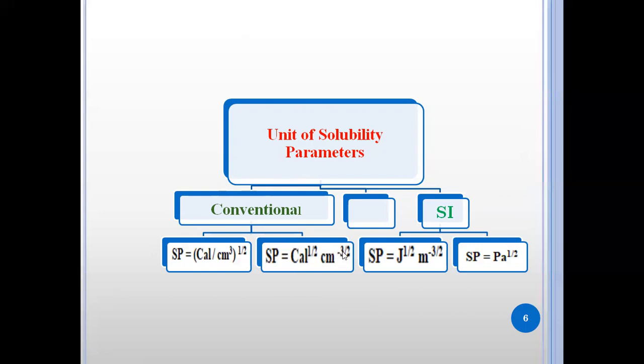See, it is minus 3 by 2. And in SI units, the solubility parameter is represented in joule to the power of 1 by 2 multiplied by meter to the power of minus 3 by 2, or in Pascal to the power of 1 by 2. So these are the two ways by which we can give solubility parameters, conventional and SI.